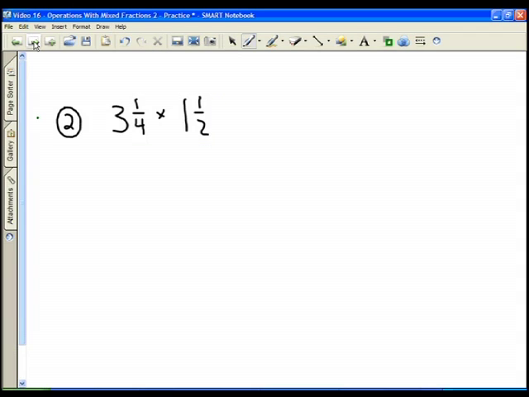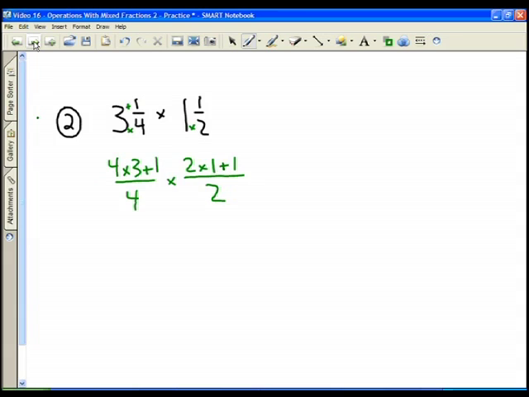In the second practice problem, we have a straight multiplication. So again, the same process. Let's convert these mixed fractions into improper fractions. 4 times 3 plus 1 all over 4, times 2 times 1 plus 1 all over 2.